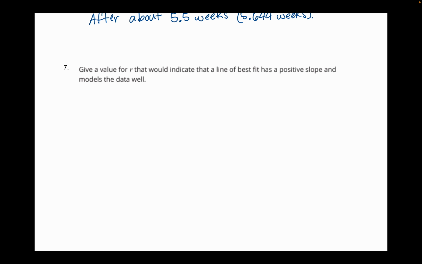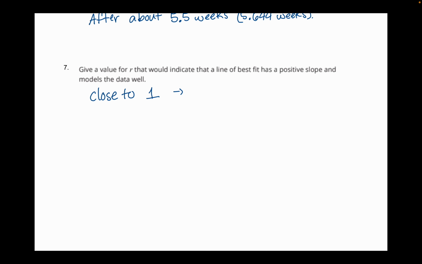If it has a positive slope and it measures your data well, lines of best fit generally go from -1 all the way to +1, where 0 means there is no relationship there whatsoever. So if it's positive and it has a good relationship, it is going to be close to 1.